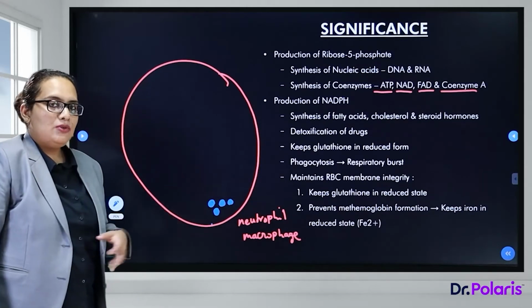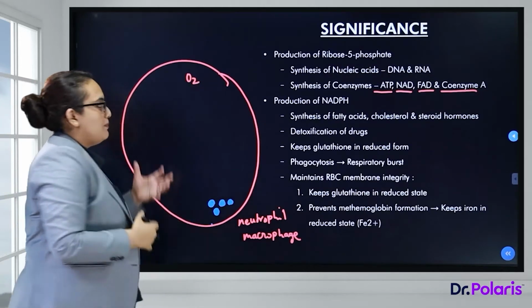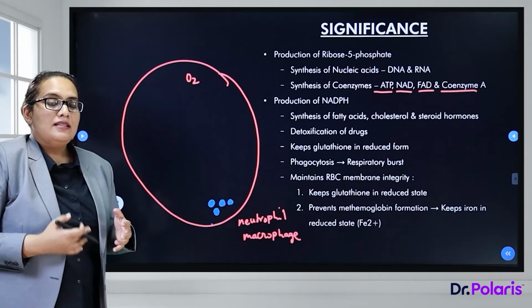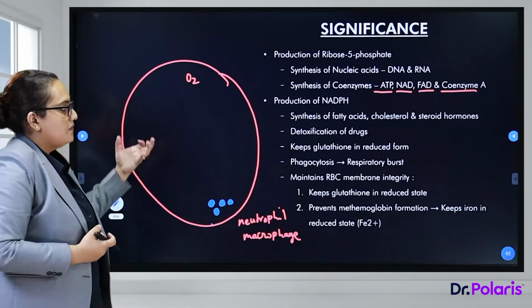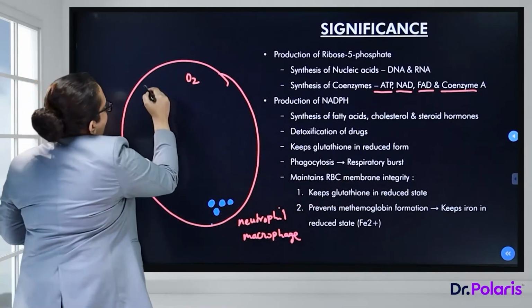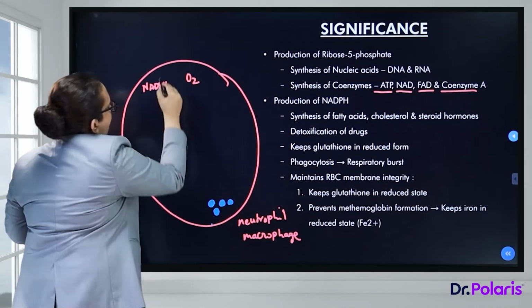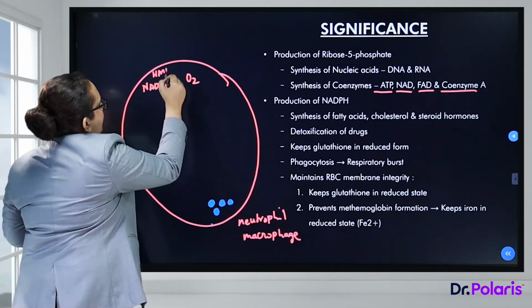Now what happens during that time is that the oxygen present within the cell is utilized. A lot of oxygen is utilized, which is why this is called a respiratory burst. So oxygen reacts with NADPH, which is formed during the HMP pathway.